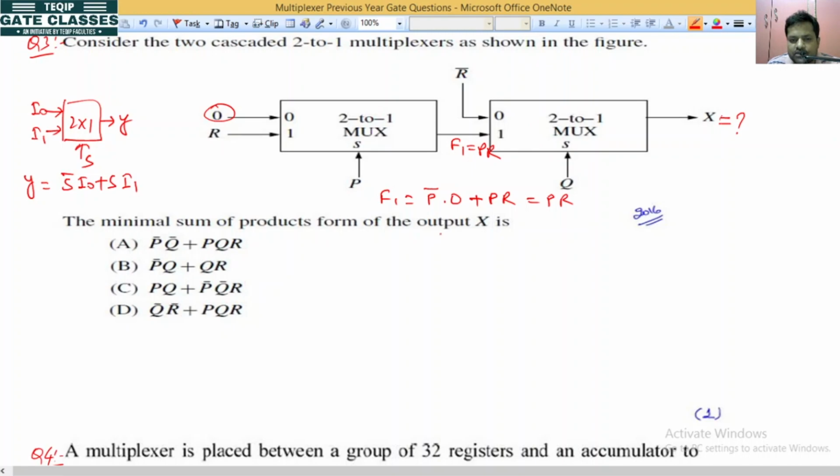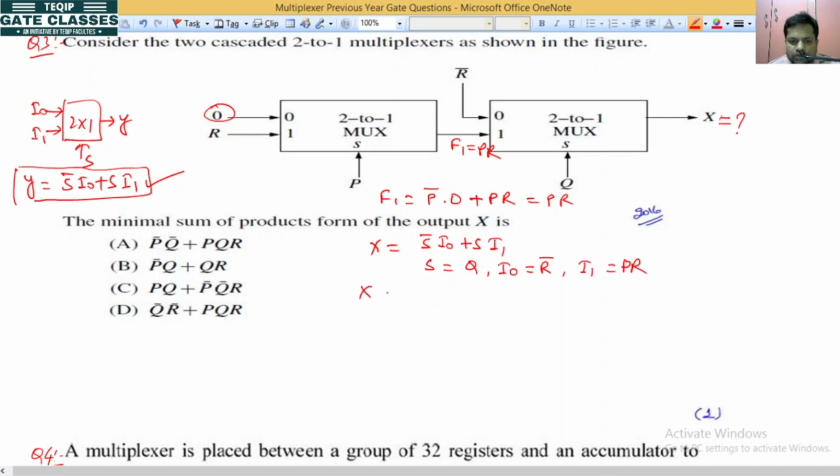Again you apply the same formula, y equal to s bar I0 plus s I1. So here we have s equal to q, I0 equal to r bar, and I1 equal to pr.